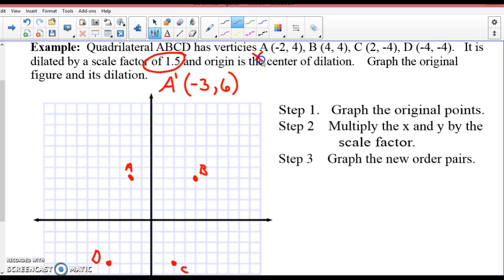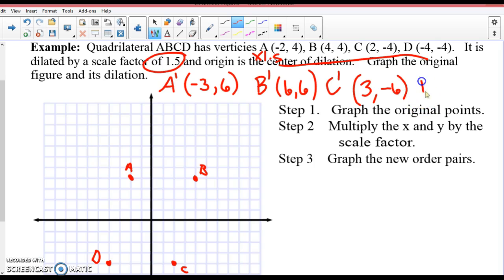I'm going to take every one of these things up here, and I'm going to multiply by 1.5 because that is my scale factor. So, the dilation of B, 4 times 1.5 is 6. 4 times 1.5 is 6. C, 2 times 1.5 is 3. Negative 4 times 1.5 is negative 6. And the dilation of D. These will both be negative 6, negative 6.